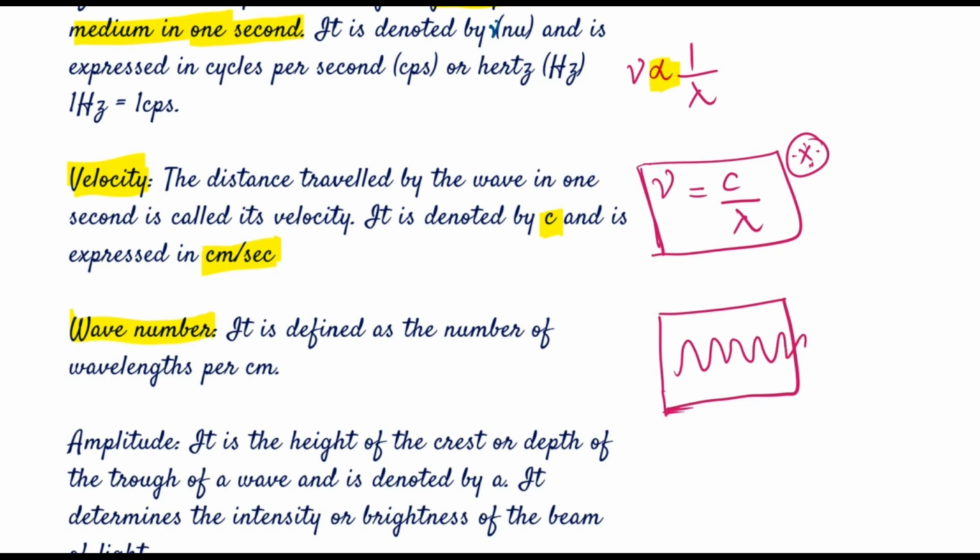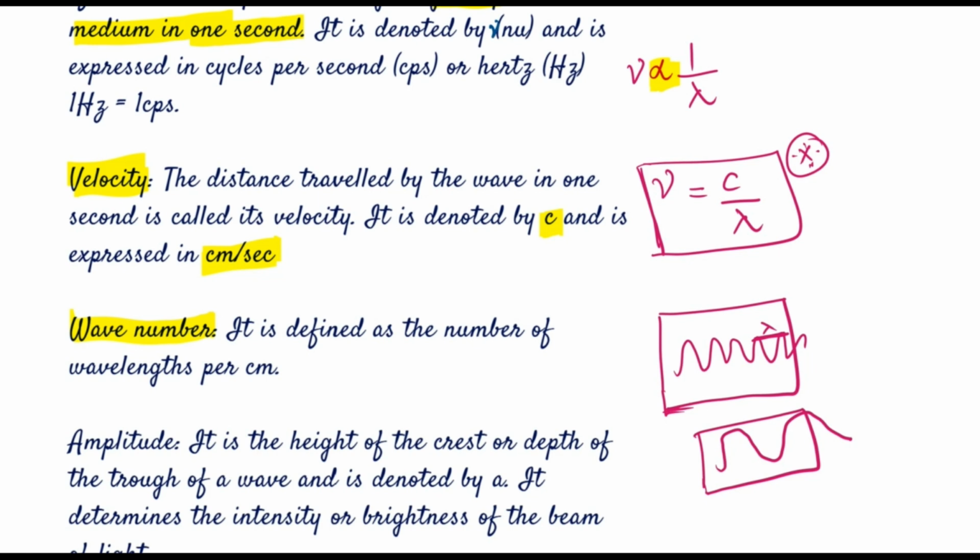If I'm writing the waves like this, which are having the wavelength small, right? The wavelength is small. Let's consider the same size of box. If I'm writing the big waves, it just occupies only 2, right? What I'm trying to say is wave number is also inversely proportional to wavelength.